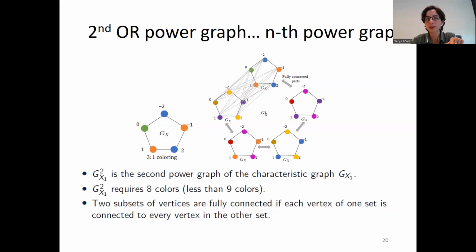On the right-hand side, intuitively, we know that 9 colors would be an upper bound: for the first realization I need 3 colors, and if I consider the second realization completely independent, I need 3 more, so the combination has 9 colors. But we can show that with this OR graph we require only 8 colors, which is less than 9, even though it is not significantly less.